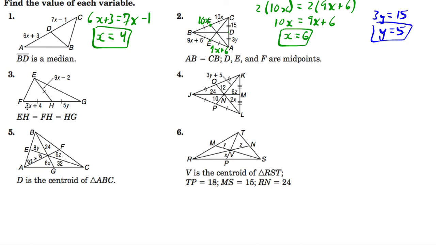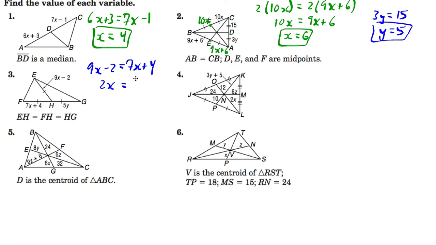Down here, EH is equal to FH is equal to HG. Okay, so if EH is here, that equals FH. We just set those two equal to each other, so 9x minus 2 is equal to 7x plus 4.